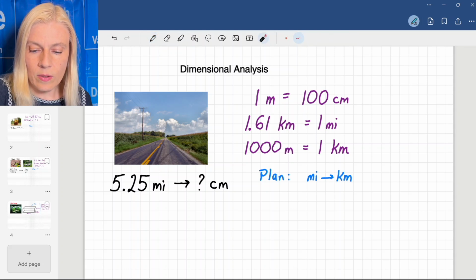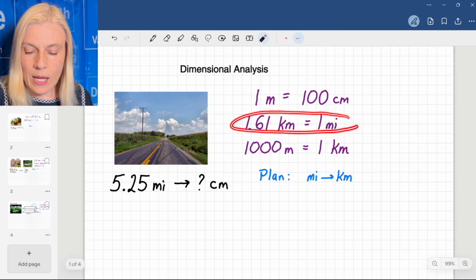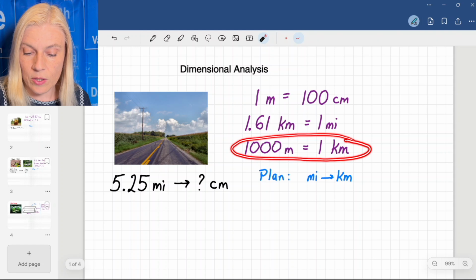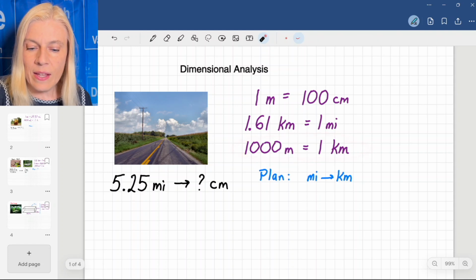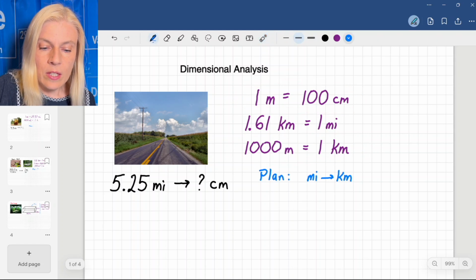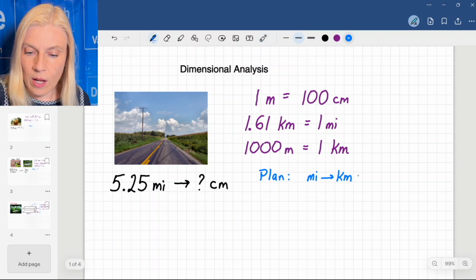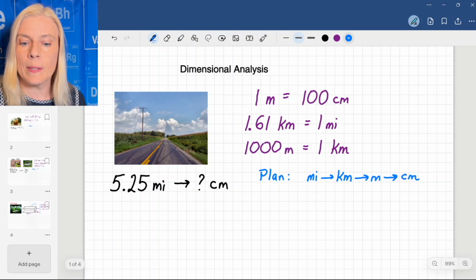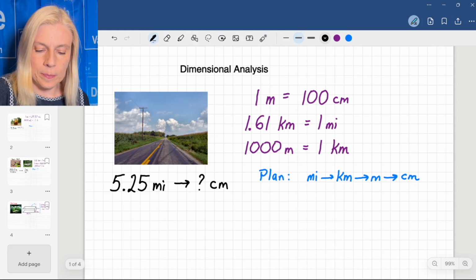And there's another conversion factor right below that has kilometers and meters. See it? And then on top, I have meters and centimeters. So if I go from miles, to kilometers, then to meters, and then to centimeters, that's my plan. So let's do that.